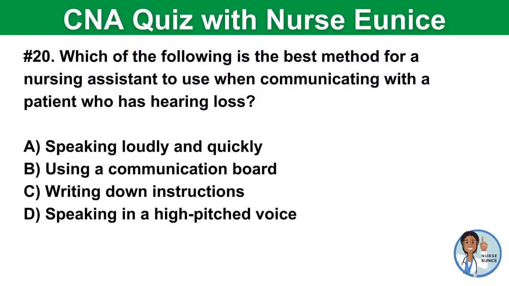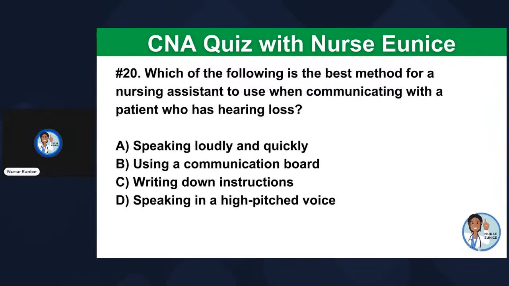Number 20, which of the following is the best method for a nursing assistant to use when communicating with a patient who has hearing loss? Is it speaking loudly and quickly, using a communication board, writing down instructions, or speaking in a high-pitched voice? Someone has hearing loss. What should we do? All right, I see a mix.